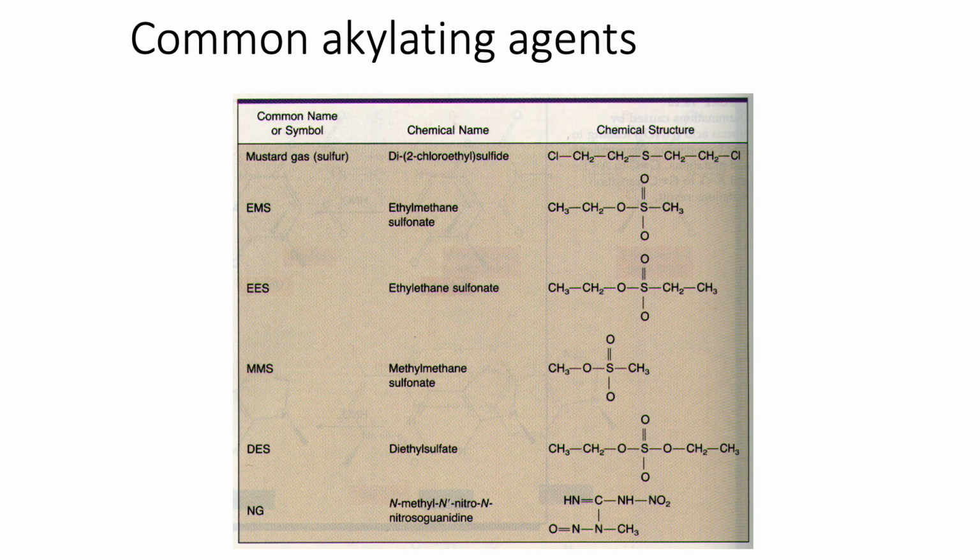There are a number of other common alkylating agents shown here. Some of these have been used to treat cancer by trying to disrupt, again, DNA replication by alkylating the enzyme, or alkylating the DNA.